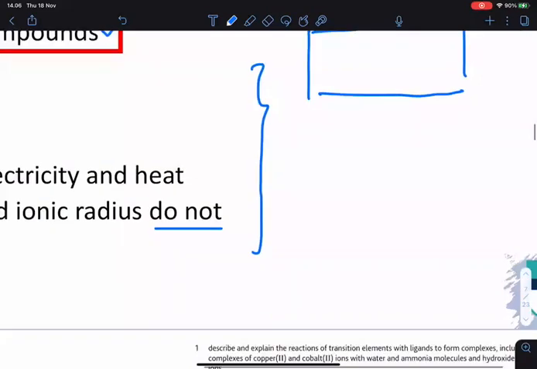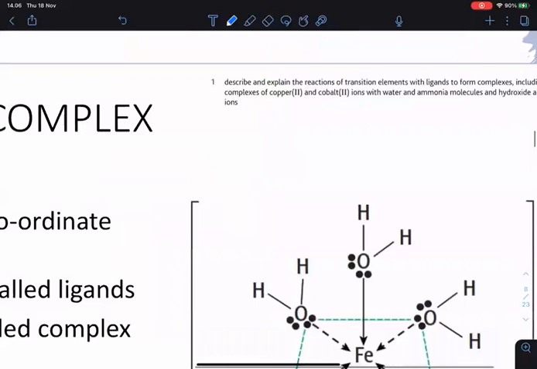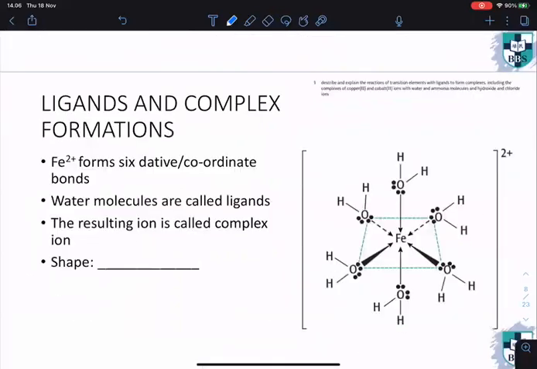So if you look over here at ligands and complex formation, at the central atom or central element over here, you are going to have Fe2+. Why do I say Fe2+, not Fe? Because the charge is 2+, and we know it is surrounded by 6 molecules of water.